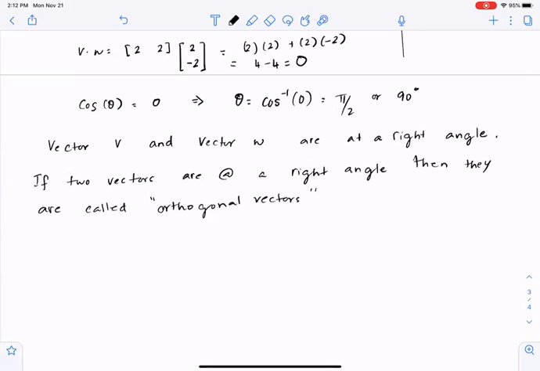Naturally, orthogonal vectors will have a dot product of 0. We get an angle of 90 degrees because the dot product is 0, so they go hand in hand. If two vectors are at a 90-degree angle, then they are orthogonal to each other.